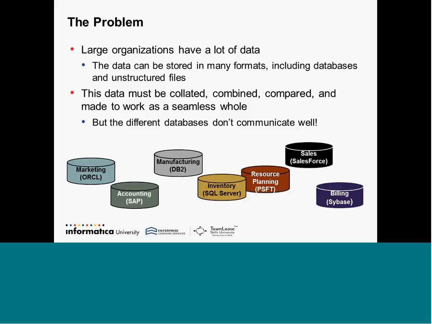If I take you back to a little history of PowerCenter, I'll take you back to about Y2K. Let me take a very simple example of an organization called the Airport Authority of India.